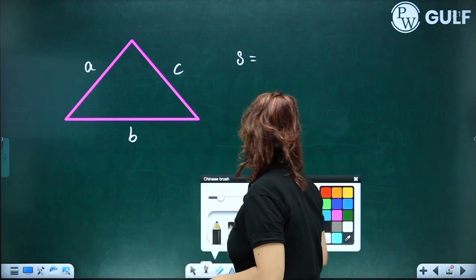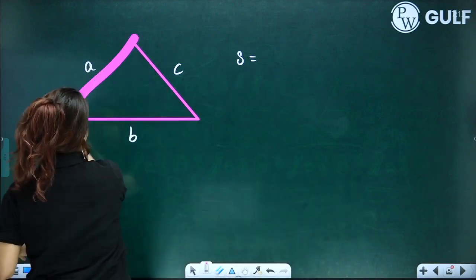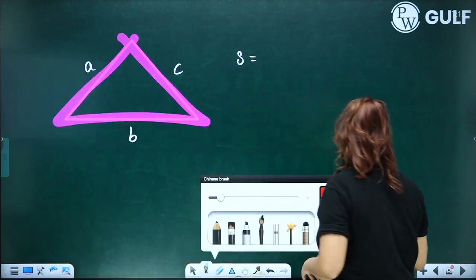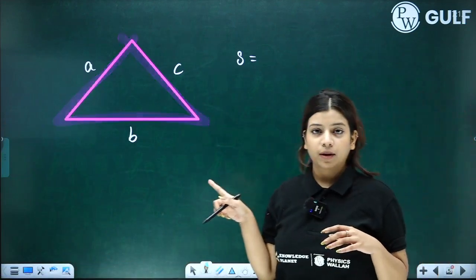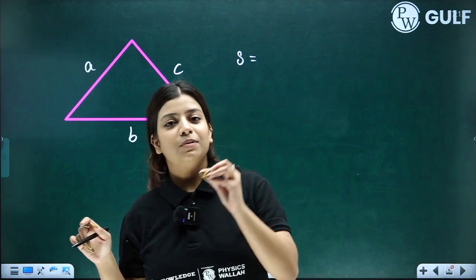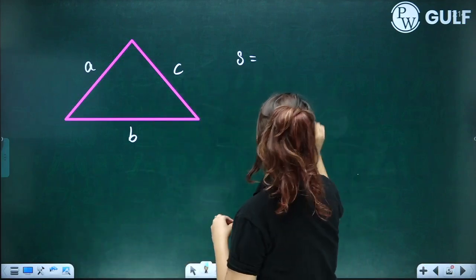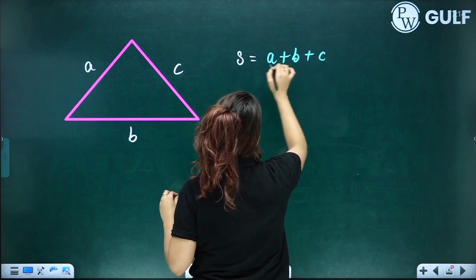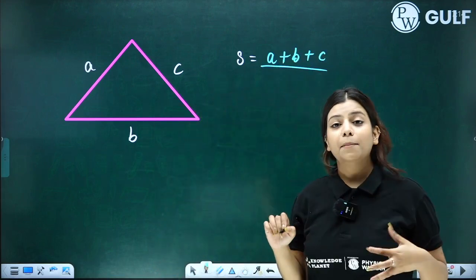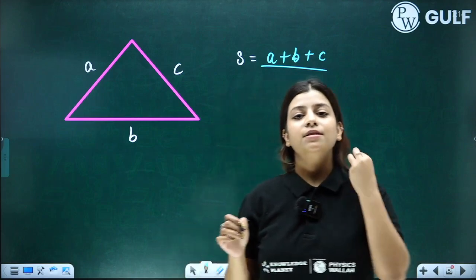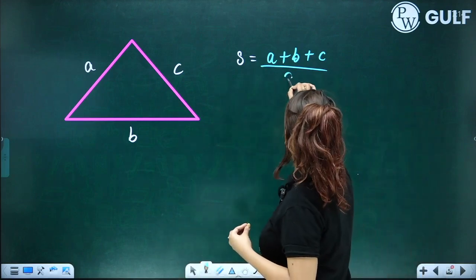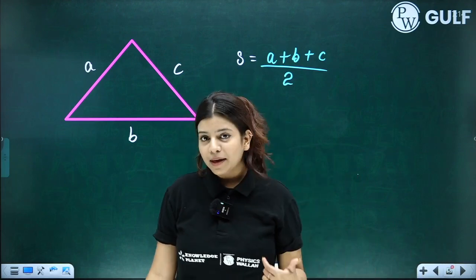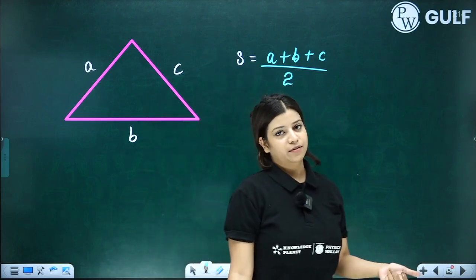This boundary is what we are about to calculate, and this boundary is a plus b plus c, which is side a plus side b plus side c. And semi means half of it, that is, divided by 2. So the very first step is to calculate the semi-perimeter for any triangle that is given to us.